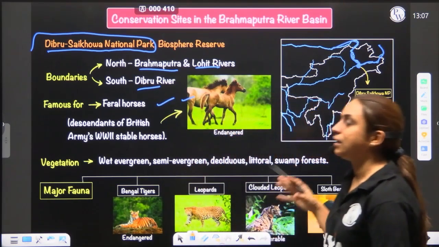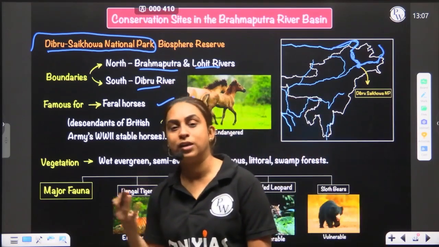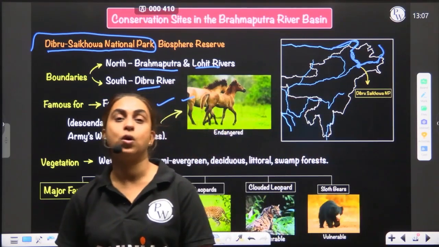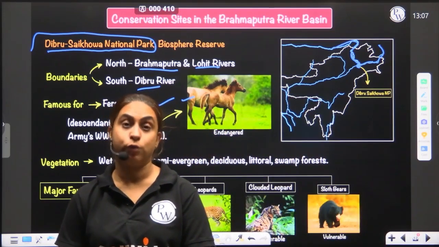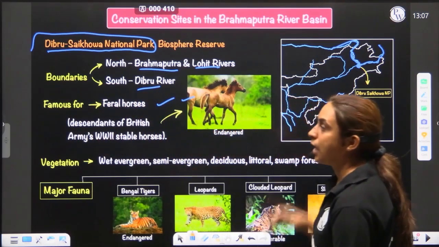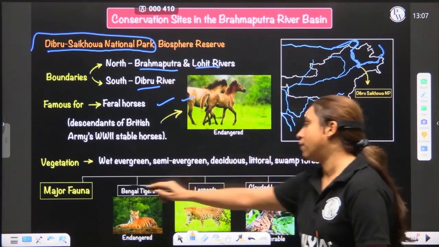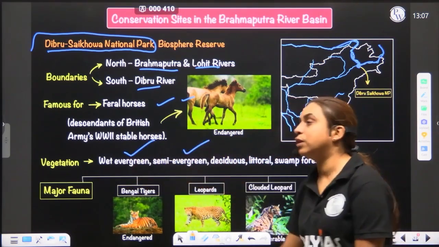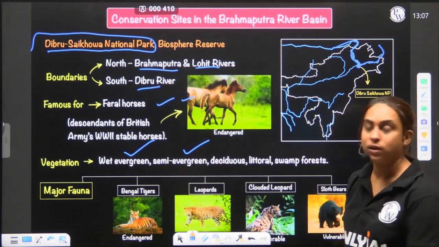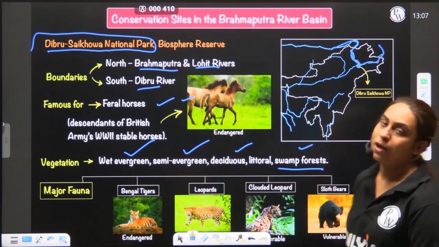Basically, they were used in the British Army during World War II. So they are descendants of those horses that were used in World War II battles on the British side. So feral horses. Vegetation, as you know, there's a lot of rainfall here, so you'll have wet evergreen forest, semi-evergreen forest, and in some places where the rainfall is not as much, you will have deciduous forest. These are swampy conditions, so you'll have swamp forest.